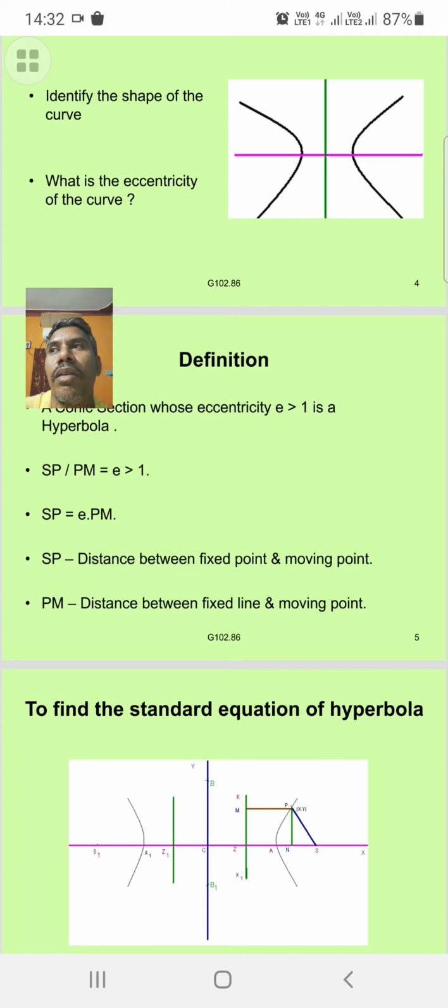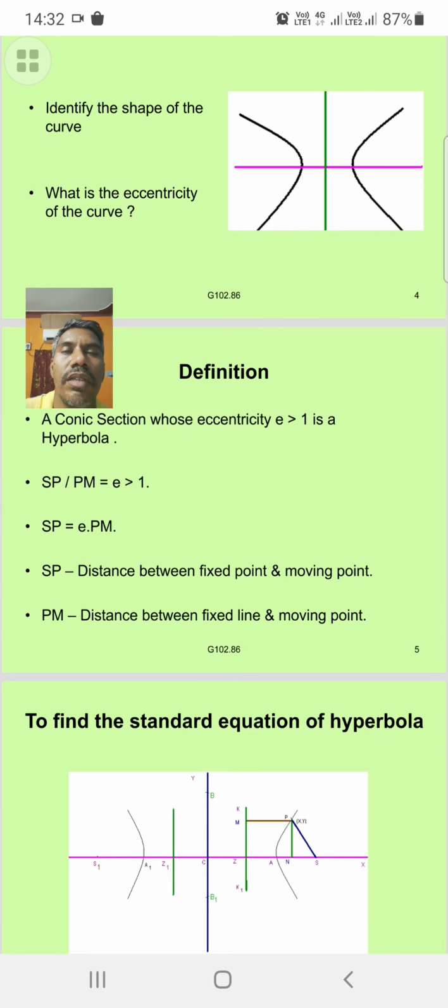So in the beginning we saw how we cut the cone to bring the three different forms, that is parabola, ellipse and hyperbola. Of course, we saw the circle also.